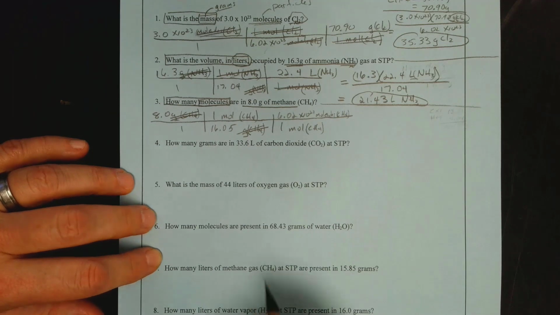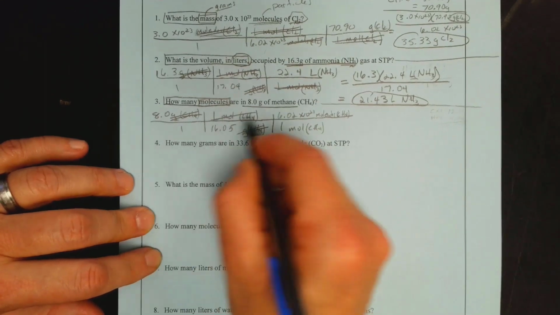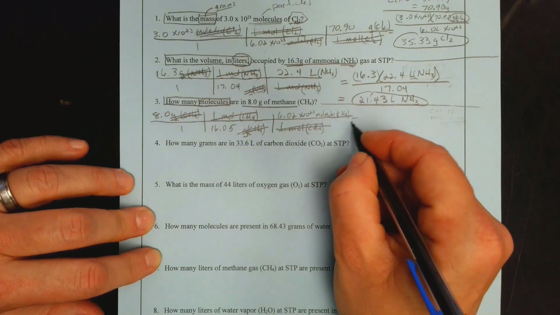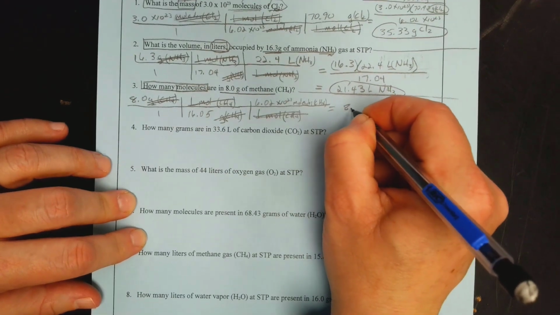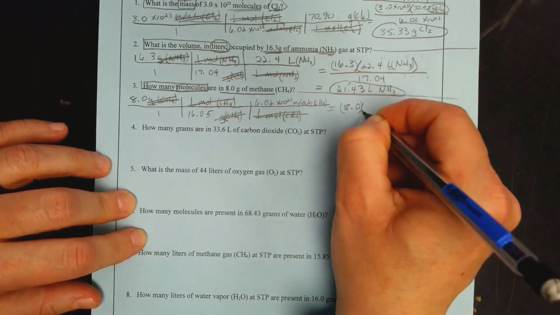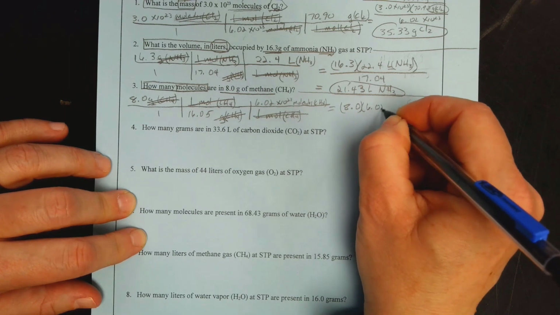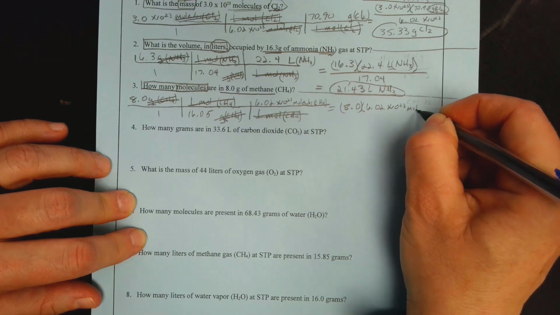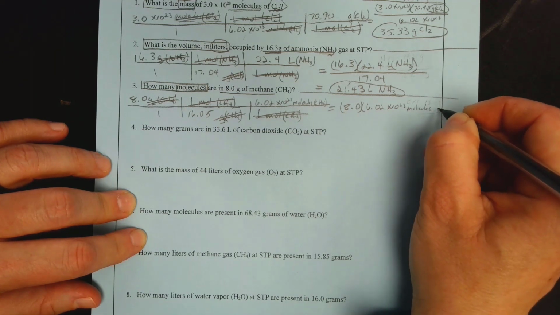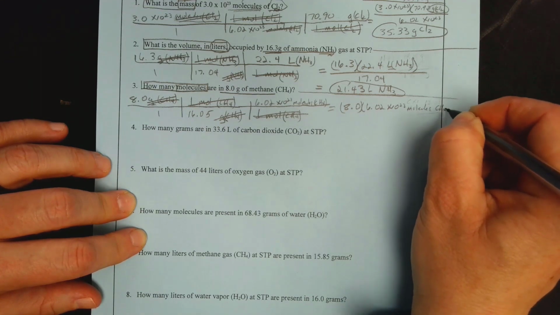Okay. Now I'm in a position to cancel moles, and now I can set up my multiplication. I've got 8.0 times 6.02 times 10 to the 23rd molecules. Don't forget those units.